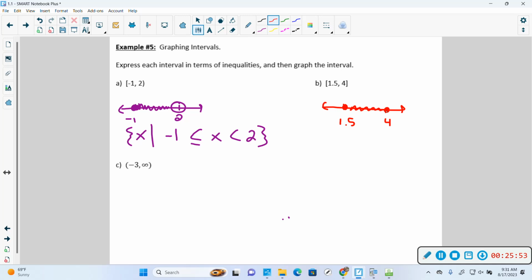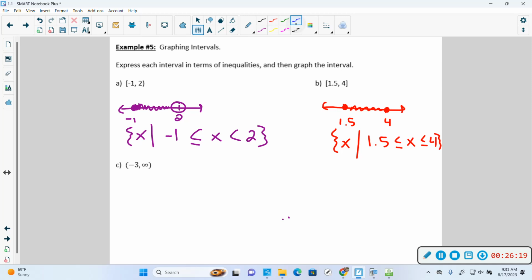I'm going to write out my fancy set builder notation. That might be the best brace I've drawn today. So 1.5. Now closed circle, so I'm going to do less than or equal to. And remember, you're like, wow, less than or equal to, you're on the right side. You always read your inequality from X. This is really X is greater than or equal to 1.5 when you read it from X.